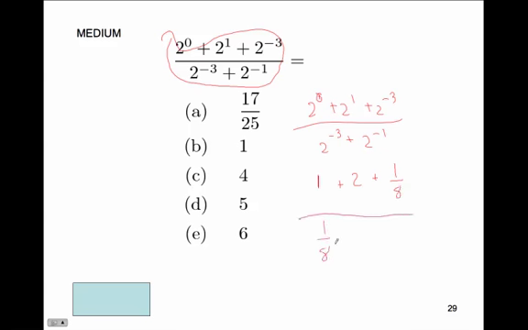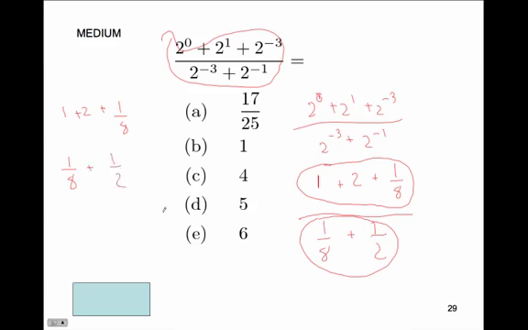And then you have 1 over 8 plus 1 over 2. I would do the top part first, add those up, do the bottom part second, and then divide. So 1 plus 2 plus 1/8, and then 1/8 plus 1 over 2.